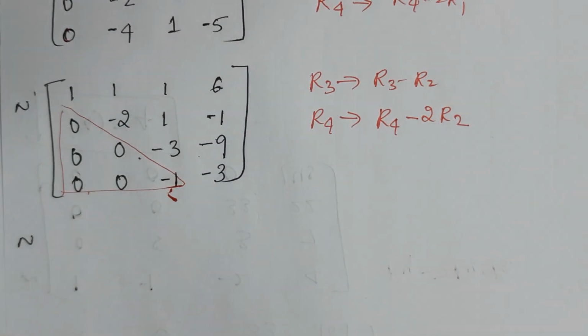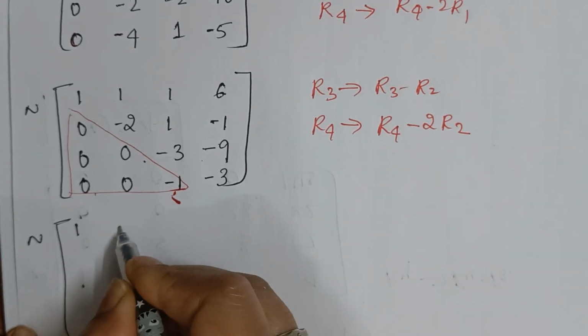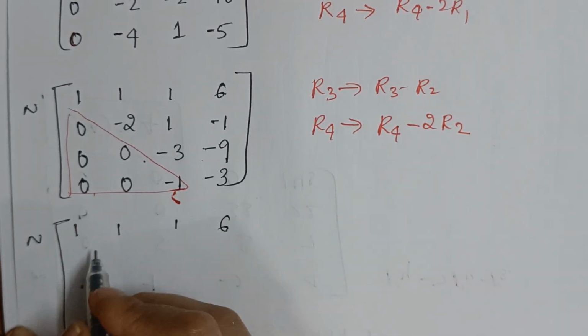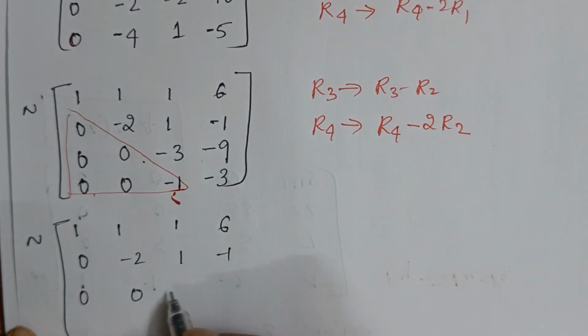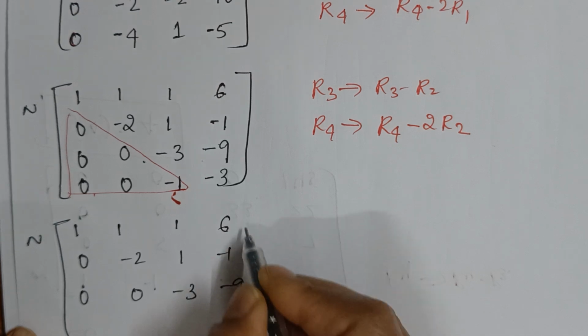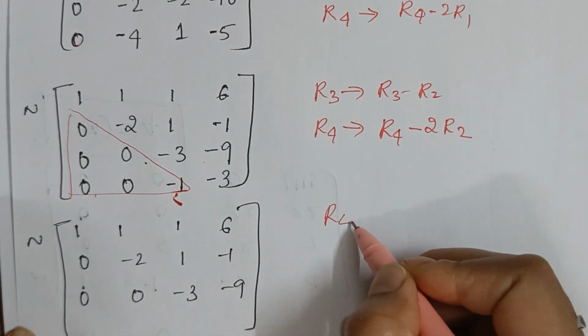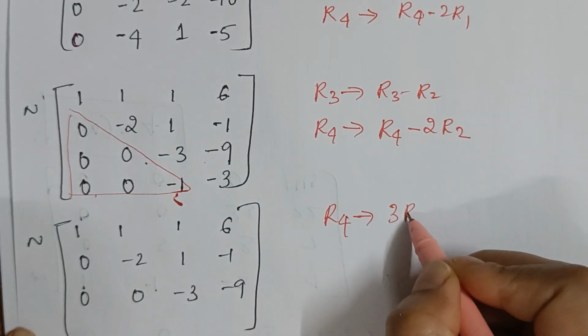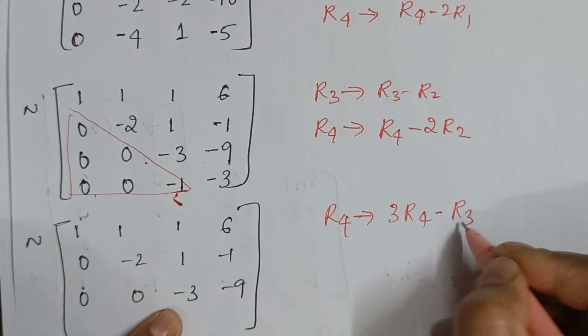So this is 1 1 1 6, 0 minus 2 1 minus 1, 0 0 minus 3 minus 9. And the fourth row, what I'll do is row 4 changes to 3 times row 4 minus row 3.